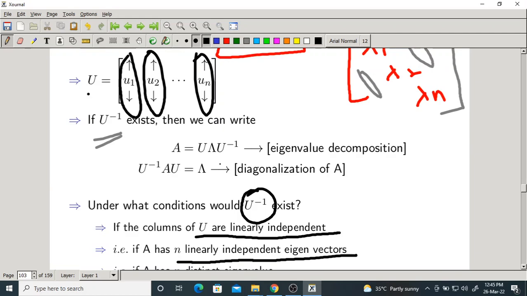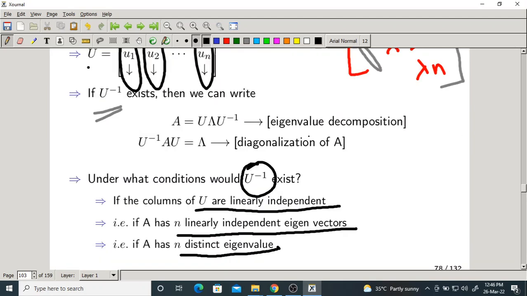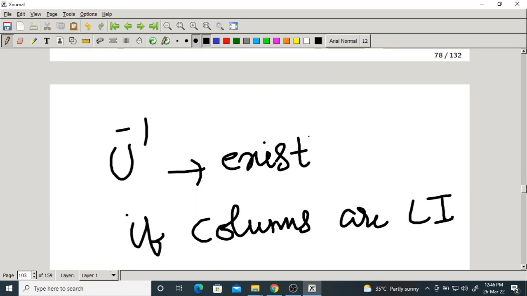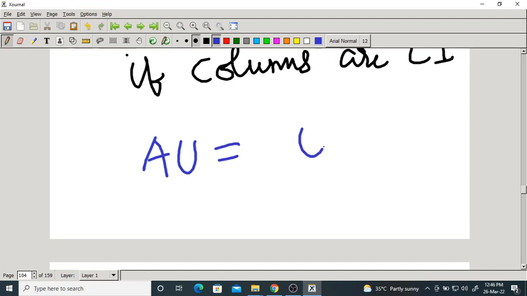Now, if it is so, what can you write? AU equal to U lambda. If inverse exists, let us pre-multiply with U inverse.